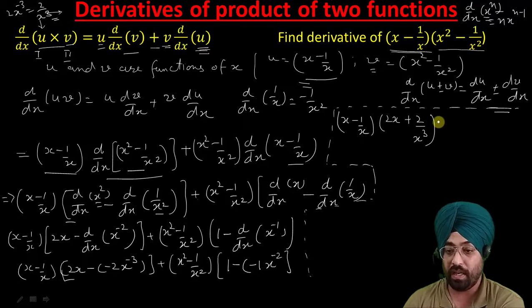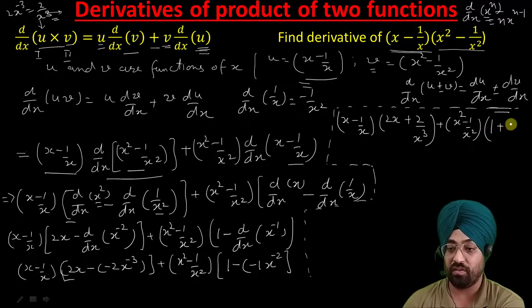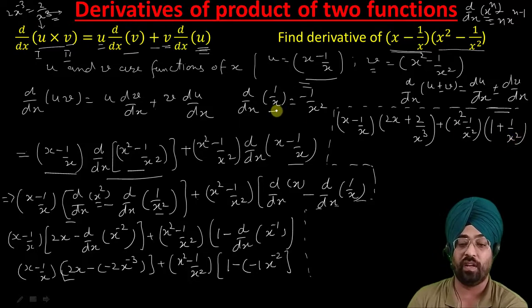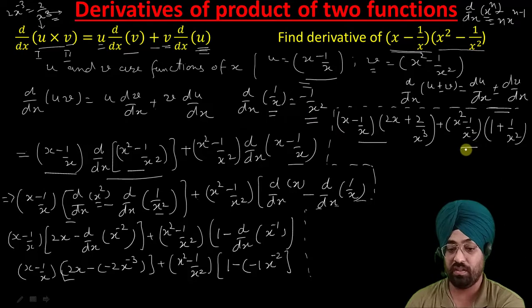Similarly, plus x square minus 1 by x square multiplied by 1 plus 1 by x square. So as I said, you can directly remember the derivative of 1 by x is equal to minus 1 by x square. Now we can further solve it.